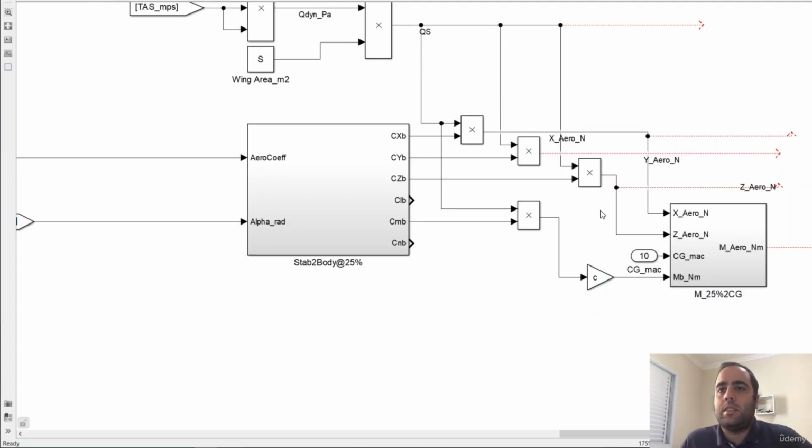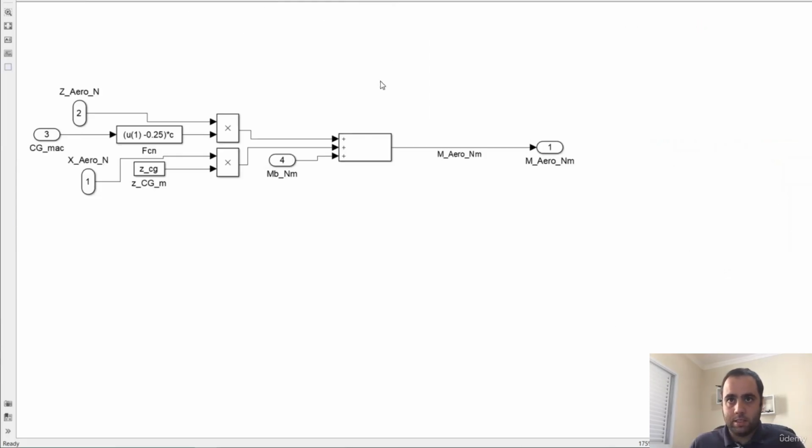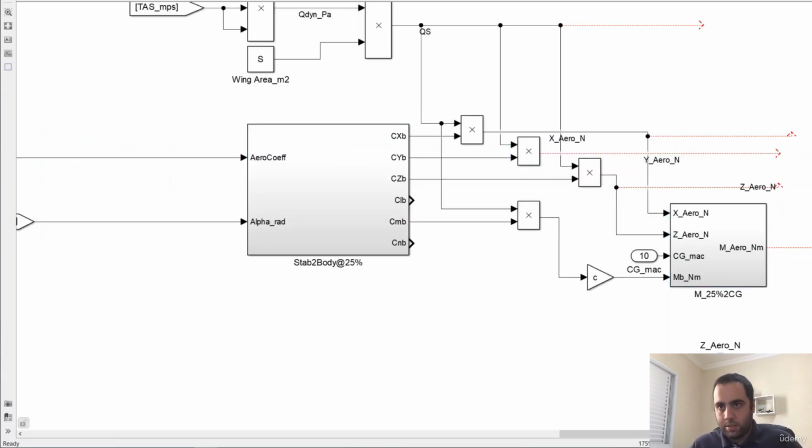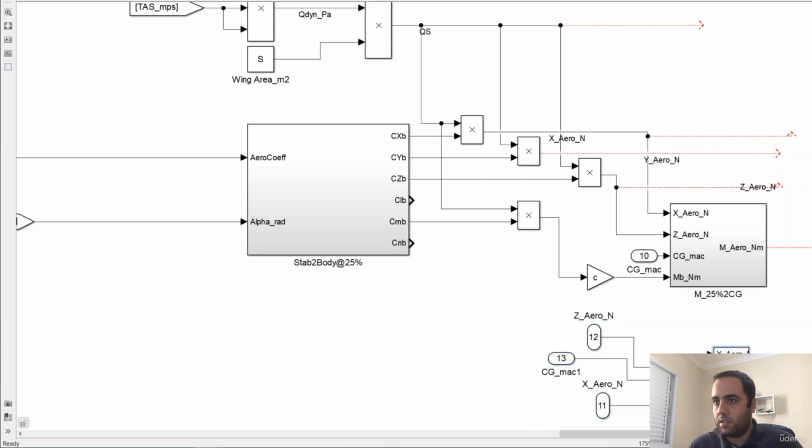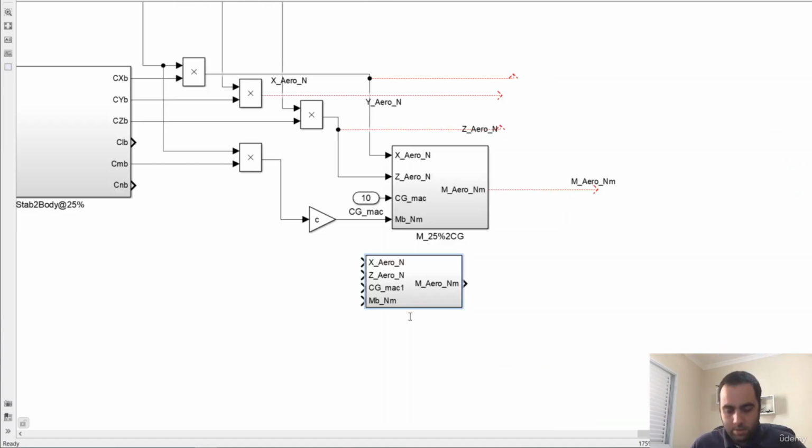Now we're going to need a similar approach to convert the other CGs. So let's just copy this and do it for the others. No longer need this. Let's create a subsystem here. So it's going to be M 25% to CG.